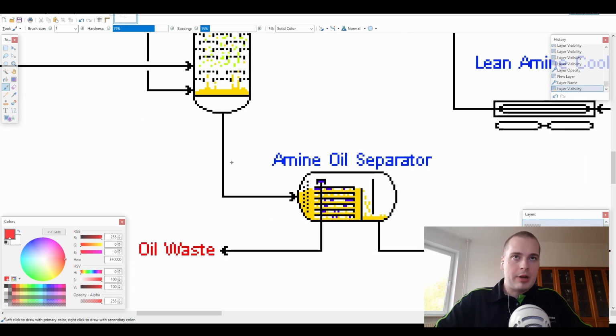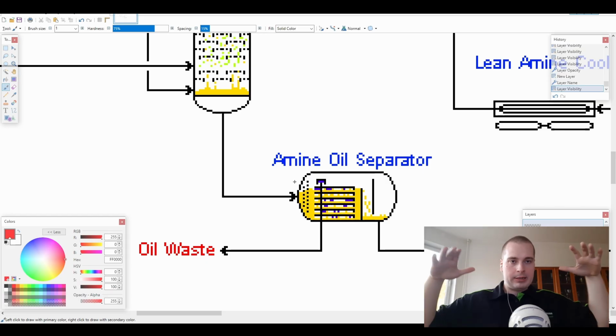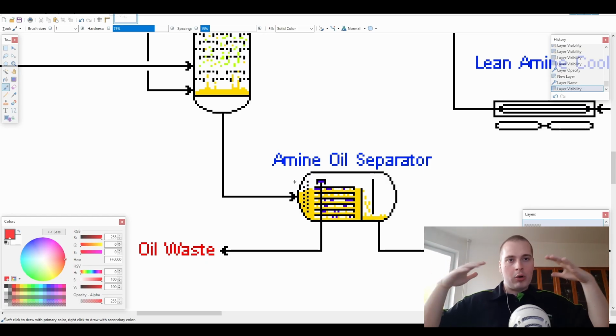So as our rich amine enters the oil separator, it goes through the diffuser plates, which help direct our rich amine across multiple horizontal baffles. The purpose of the horizontal baffles is to provide a large surface area for the oil droplets to coalesce together.